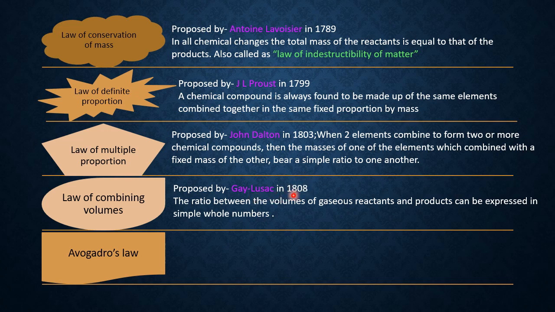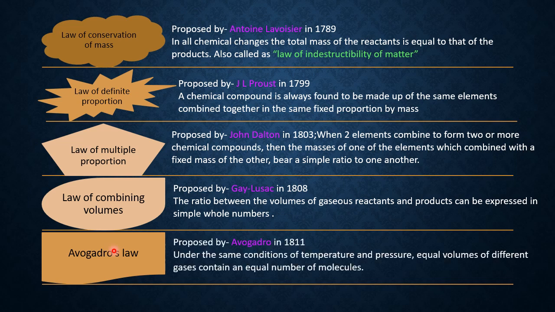Now the fifth and final law, a very important law, Avogadro's law. Italian scientist Avogadro in the year 1811. Under the same conditions of temperature and pressure, equal volumes of different gases contain an equal number of molecules. This is the relation between number and mass, because the number of molecules is related to the equal volume.